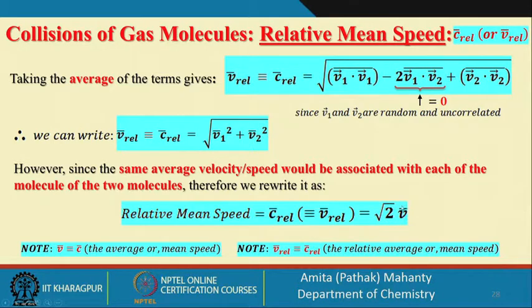The mean velocity is what we had calculated from the kinetic model. What we are now getting is the mean velocity of approach of one molecule towards another. So, that is nothing but the relative velocity of approach, which is the square root of 2 times the mean velocity calculated through the kinetic model.